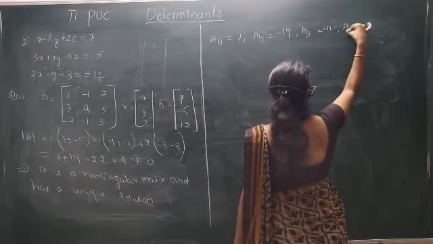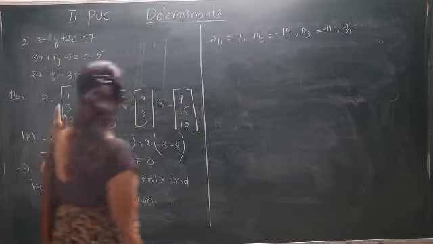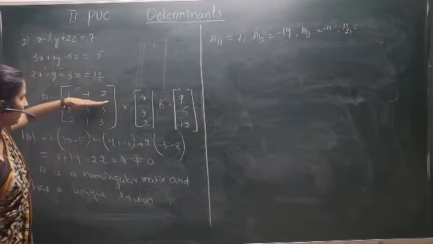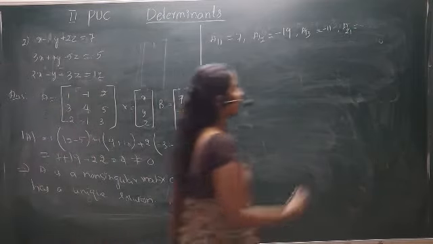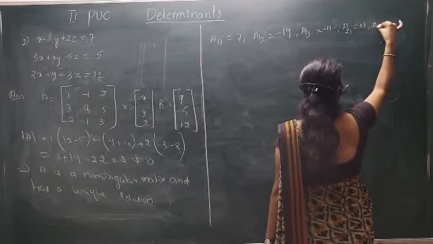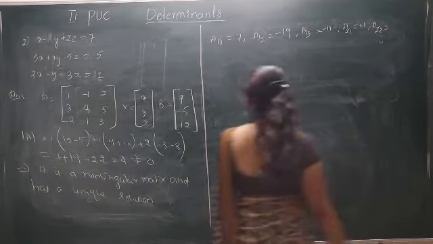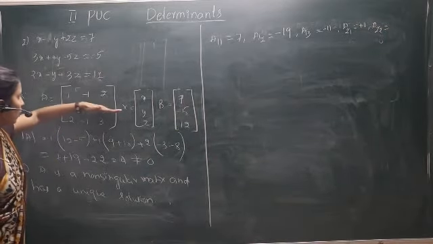Next A21. A21 is minus. Minus 3 plus 2 is minus 1. So it will be plus 1. A22 will be deleting first row and second column. Second row and second column.